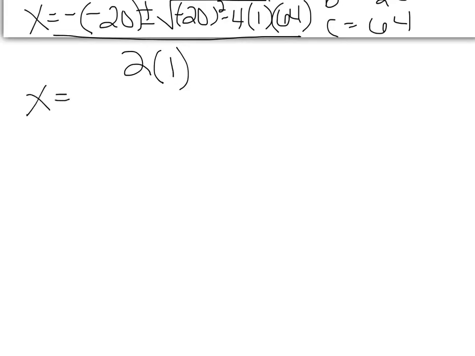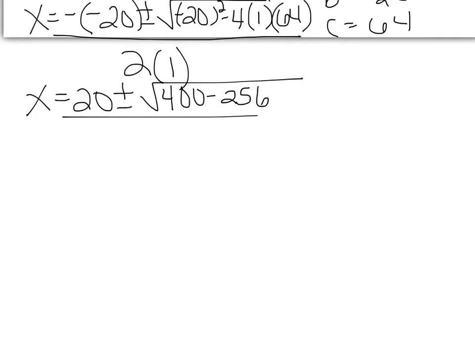So we have x equals negative 20 is positive 20, plus or minus the square root of negative 20 squared is 400. Negative 4 times 1 is negative 4 times 64 is negative 256, all over 2.